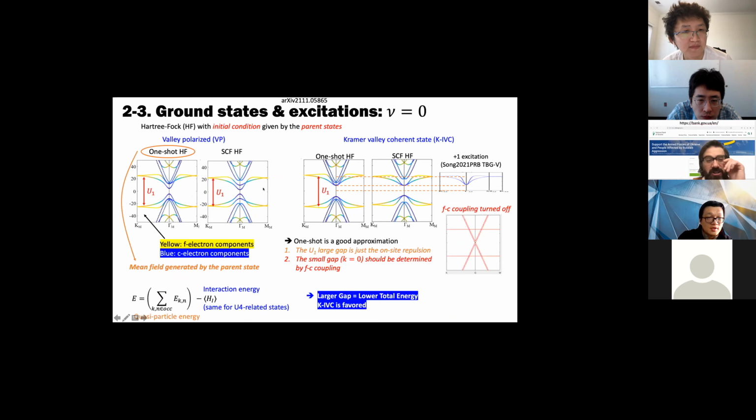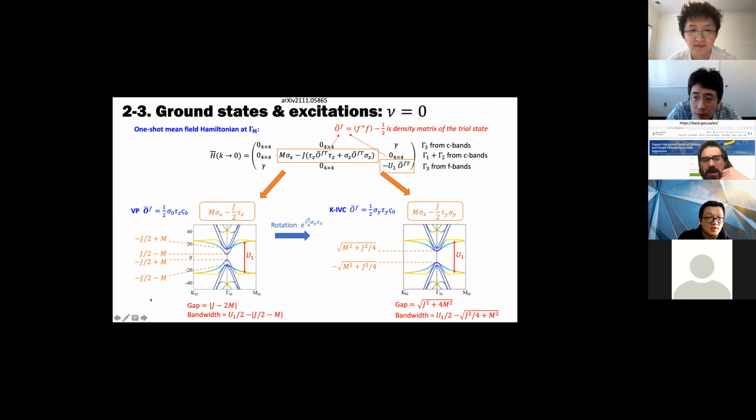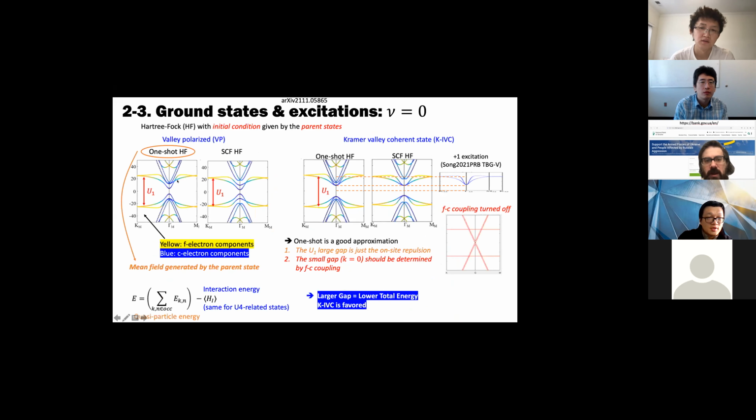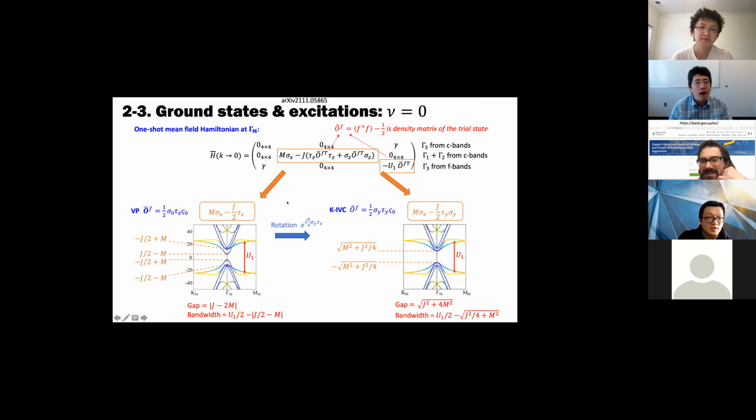The simple result is that the gap at gamma equals 0 tells you which state it is. We actually checked that if you take the entire Hartree-Fock, do the self-consistent one and sum its energies, it gives you the same result as just taking this simple k equals 0 gap.